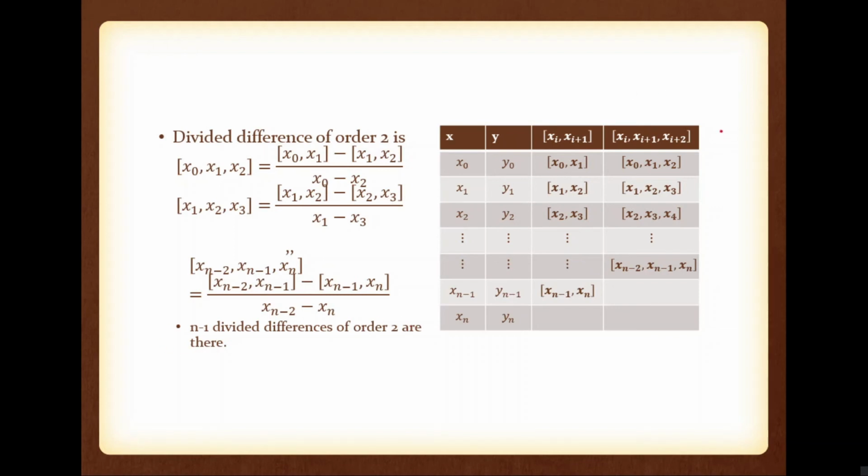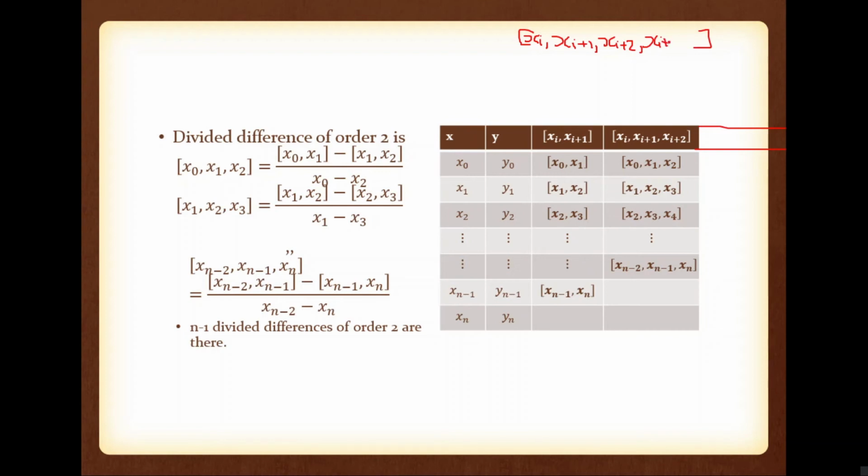Now, what is the next divided difference? What is the next one? Divided difference of order 3. Am I correct? If it is divided difference of order 3, then inside the square bracket, how many elements are there? Four adjacent elements: xi, comma, xi plus 1, comma, xi plus 2, comma, xi plus 3.